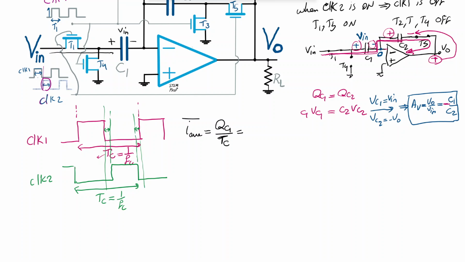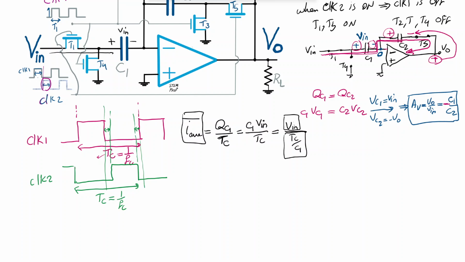And the charge is just the value of C1 times the voltage that appears across C1, which is Vin, over TC. So in summary, I can say it is just Vin over TC over C1.